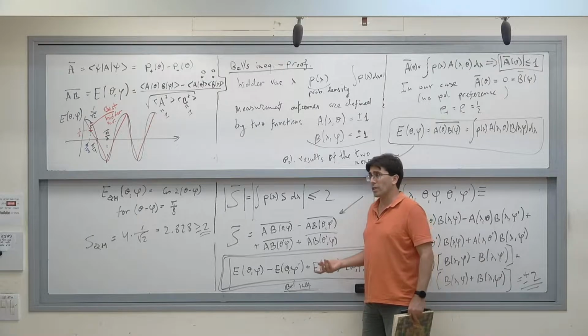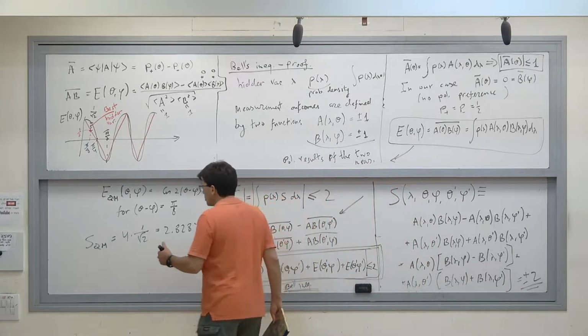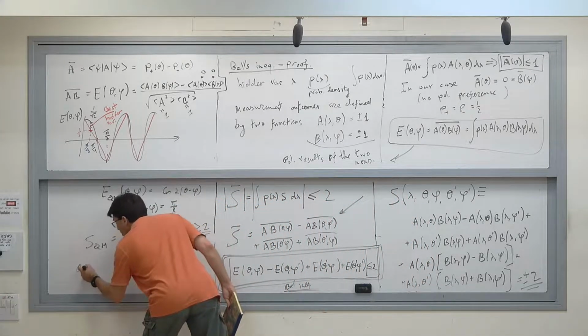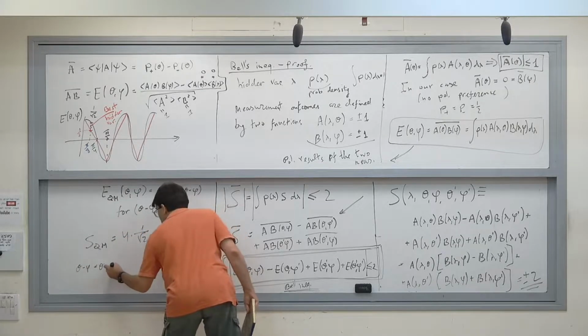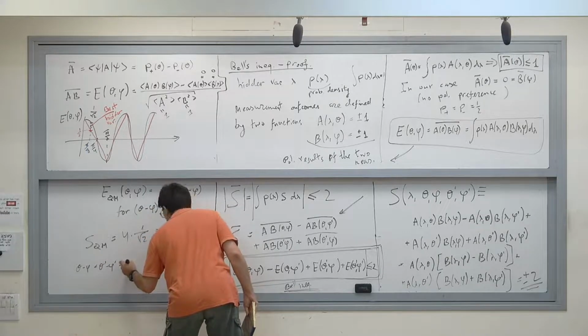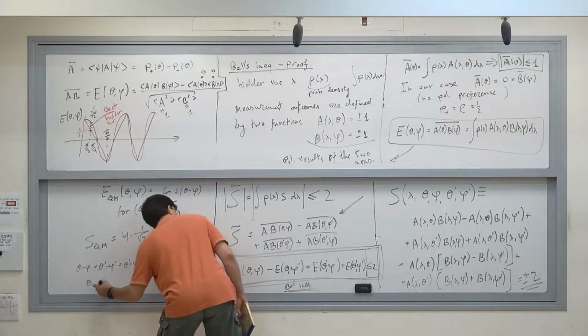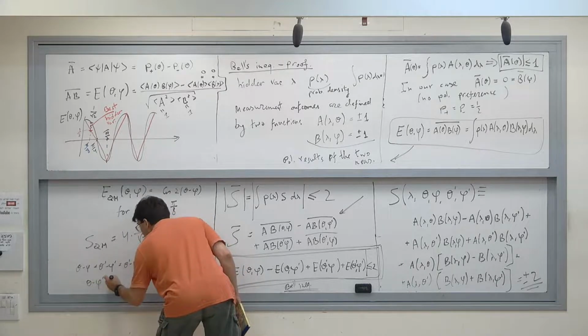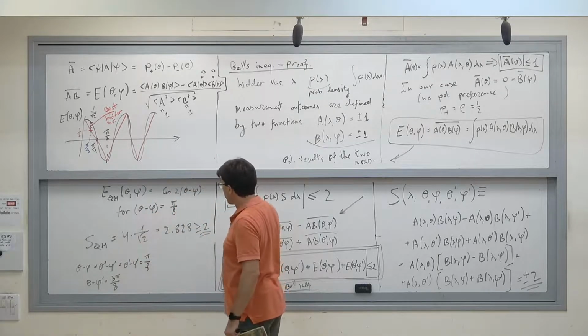Can I do it? Of course I can. You can check that I can choose. So I'm choosing theta minus phi equals theta prime minus phi prime equals pi over 8, and theta minus phi prime equals 3 pi over 8. Can this work? I think so.